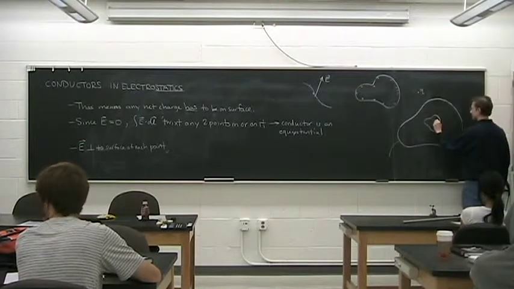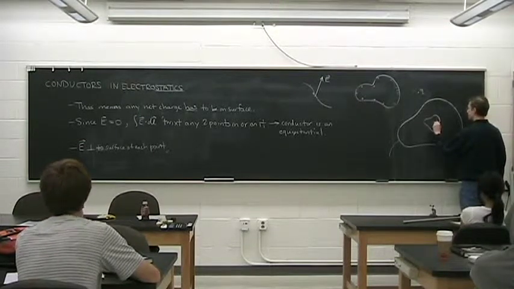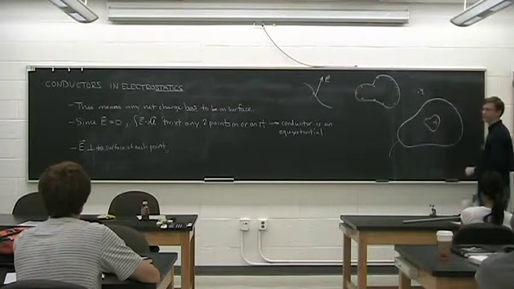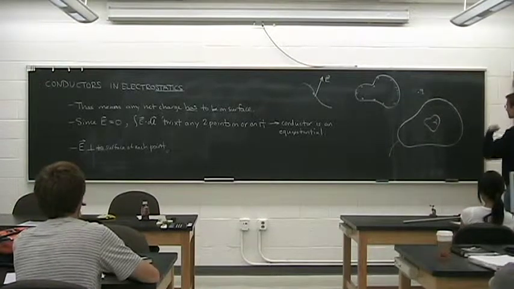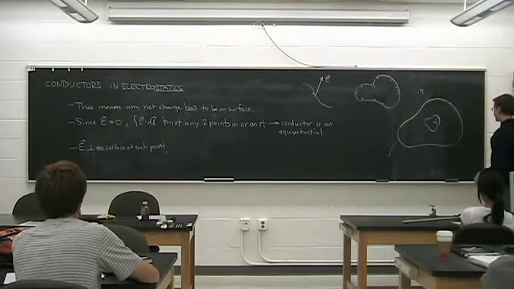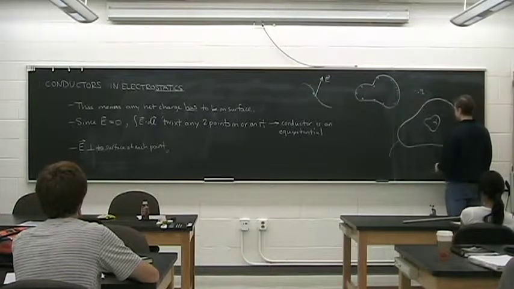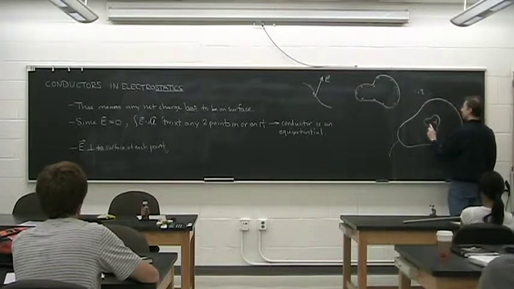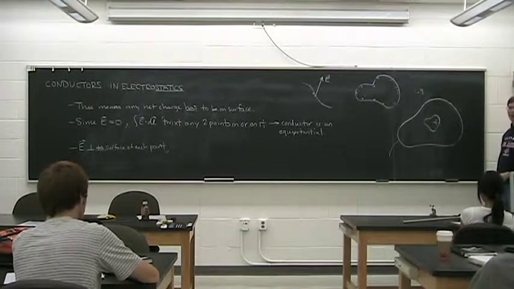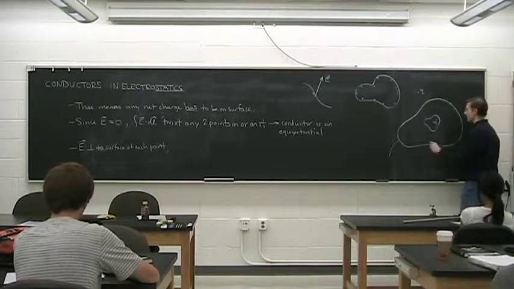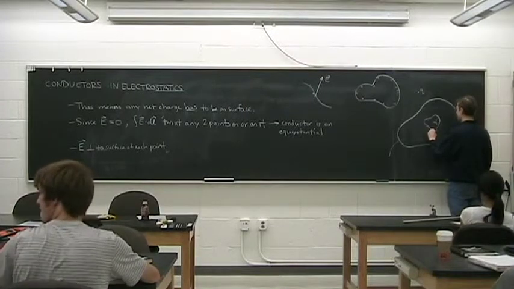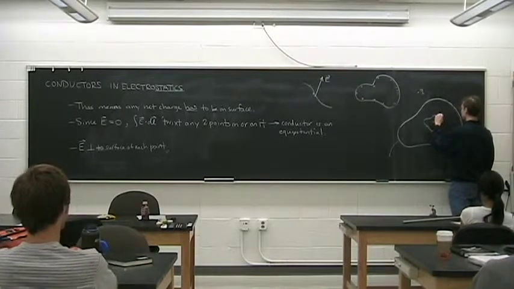And here is some charge, let's say plus Q inside, some positive charge. Then what kind of charge will build up around here? Negative charge. Most certainly negative, because negative charge says, hey, I'd like to be near plus Q.